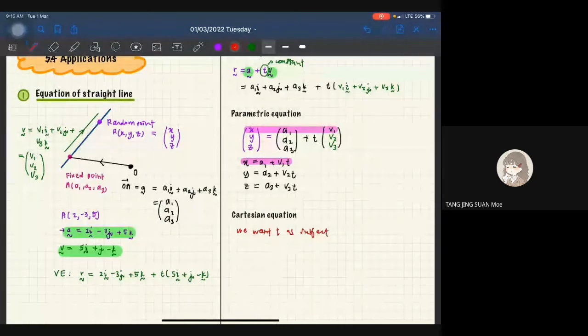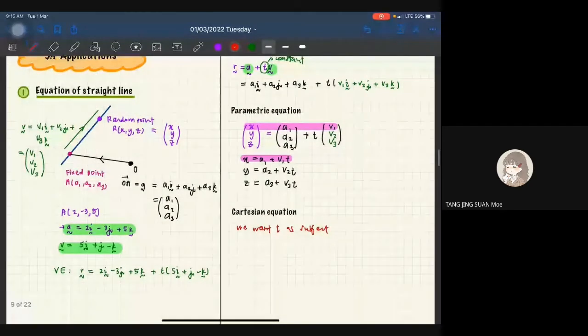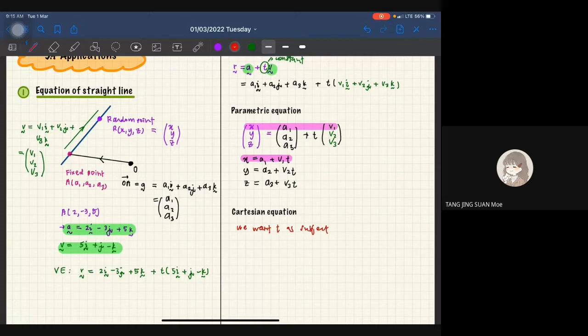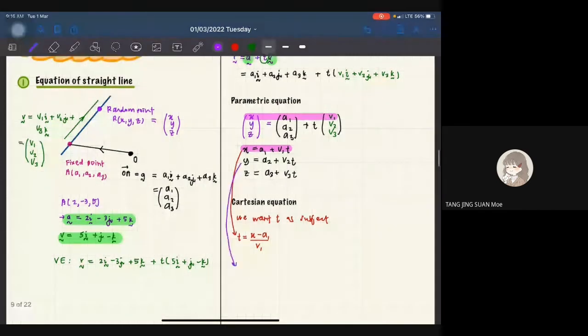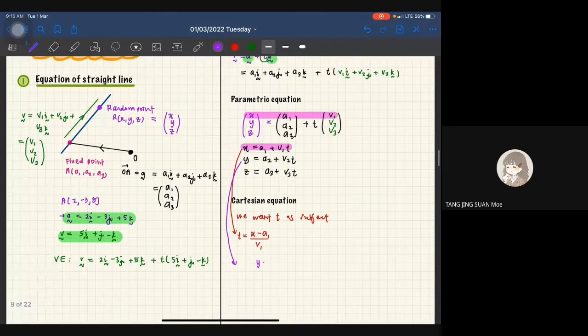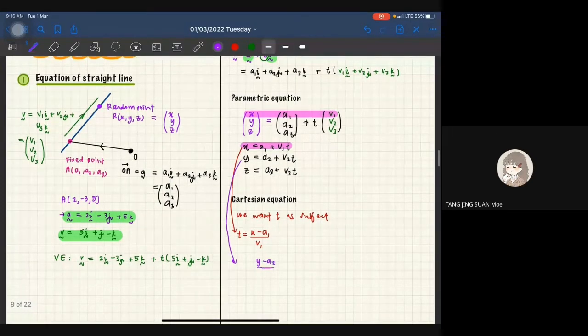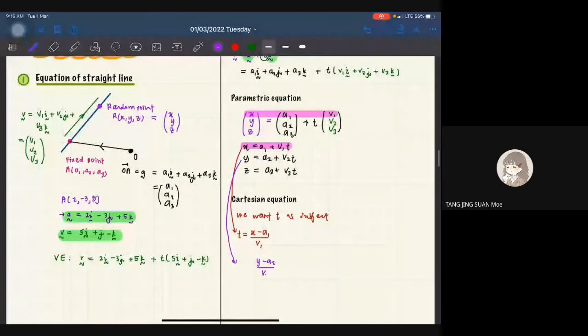So untuk yang first sekali, kita akan dapat this one. For the first one, you will get x minus A1 over V1. This is your T. Okay, so what about the second one? So the second one, awak akan dapat y minus A2 over V2.